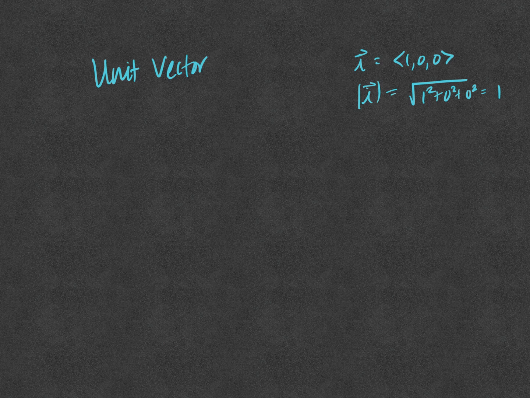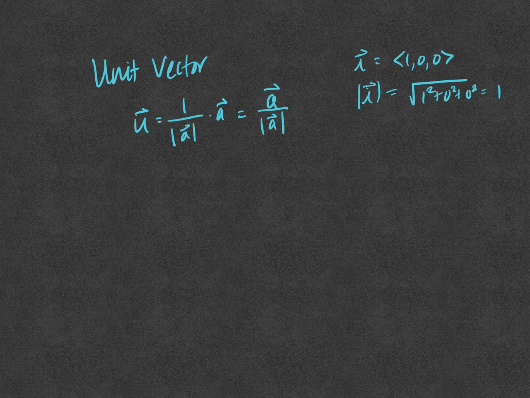So for any vector, this is what's important here. The unit vector, we're going to call it vector u, is 1 over the length of vector a times vector a. So it really is vector a over the length of a. So if you think about what that means, if you take each component and divide it by the length, then you will end up with a unit vector of length 1.